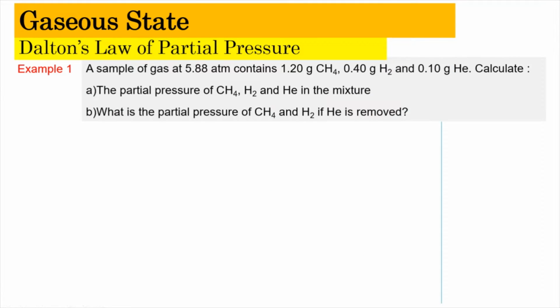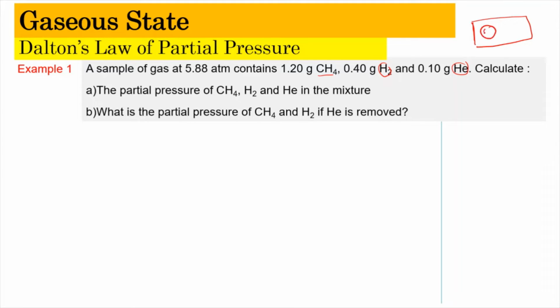Now we're going to look into the example. So a sample of gas at 5.88 atm contains 1.20 gram of CH4, which is methane, 0.4 gram of hydrogen gas, H2, and 0.10 gram of helium. So you can imagine that inside a container, there are going to be three gases.